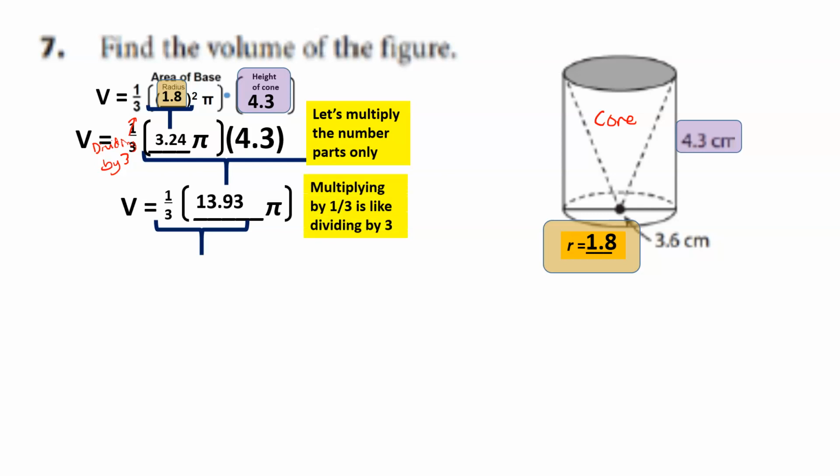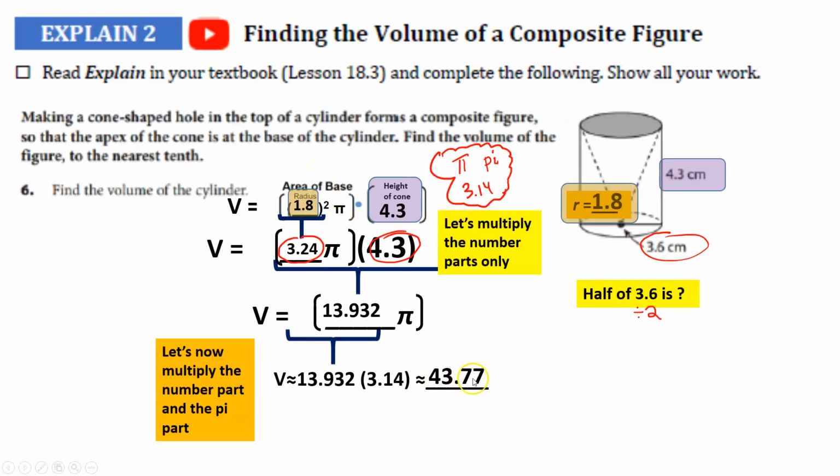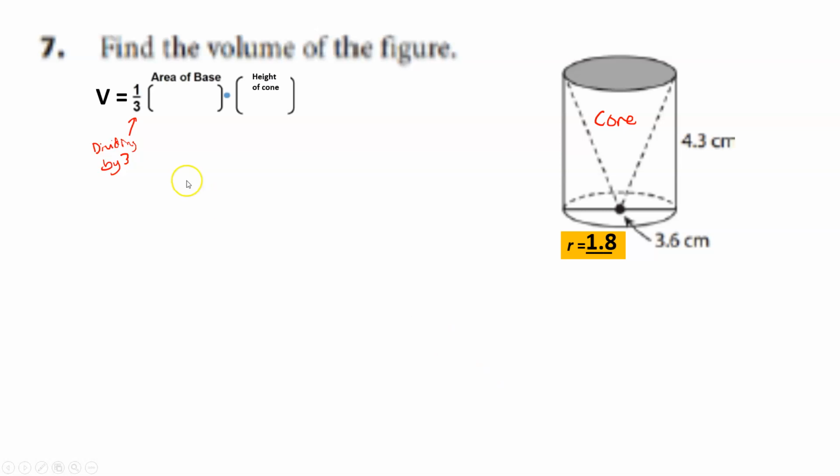Since we know the answer is going to be about 43.77, what we could do is just divide this by 3. And what would that be? Take a moment and do that now. That would be about 14.59. So that's the volume of the cone.